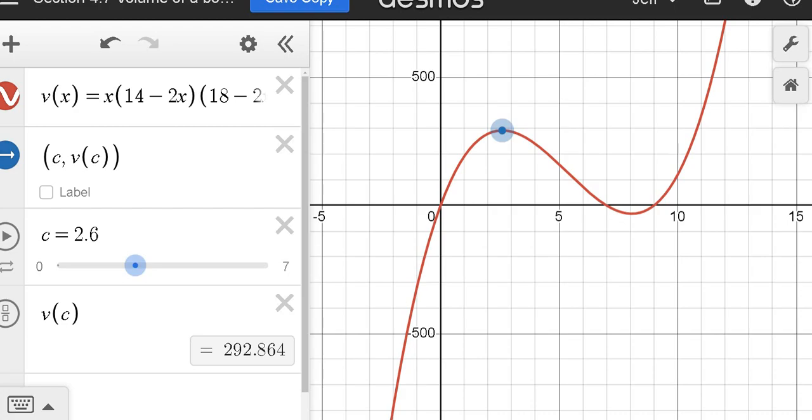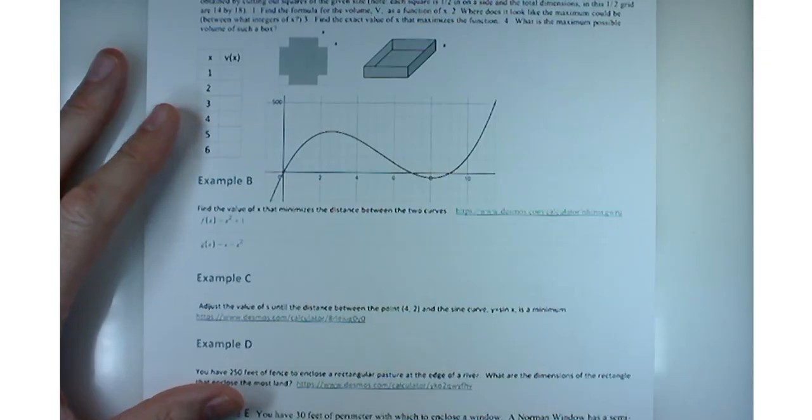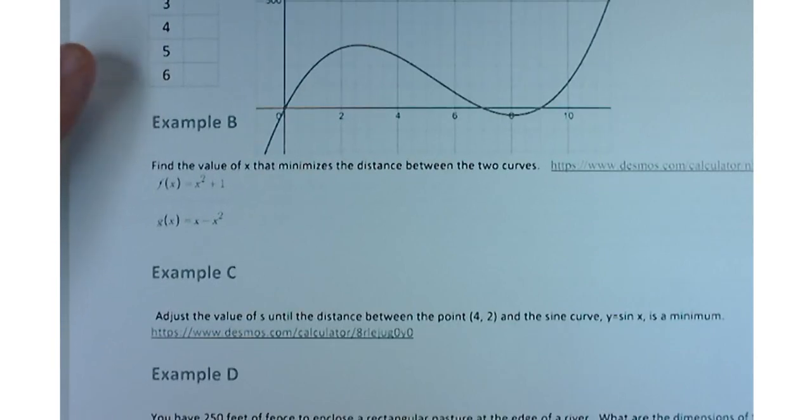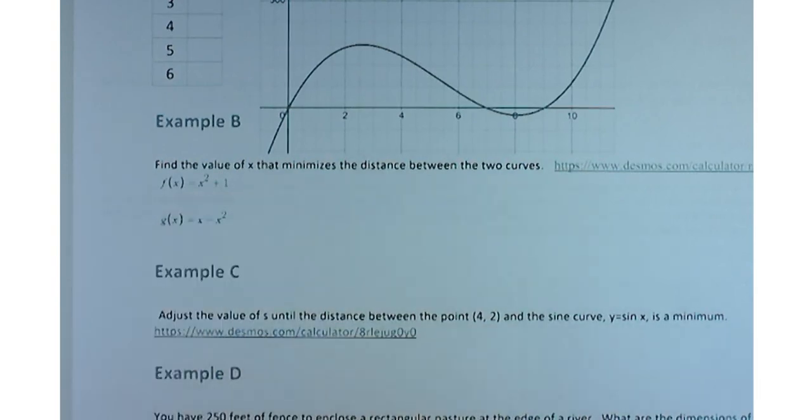Let's keep going. Our next one is going to ask us to minimize the vertical distance between two functions. So our two functions look like this. One of them is y equals x squared plus 1. The other one was x minus x squared. You might recognize that both of these are going to be parabolas.